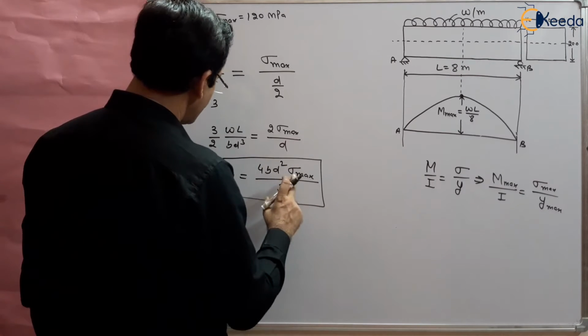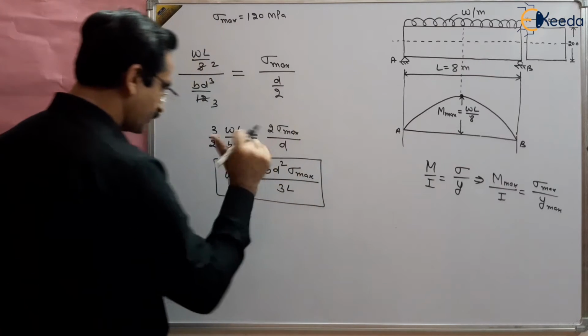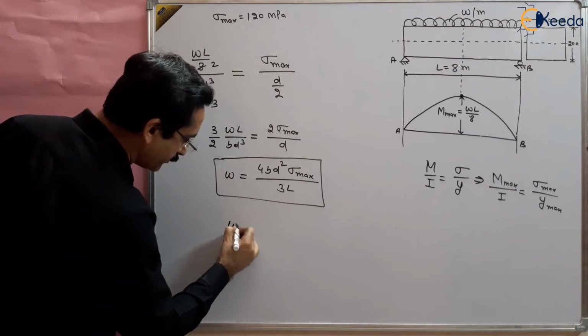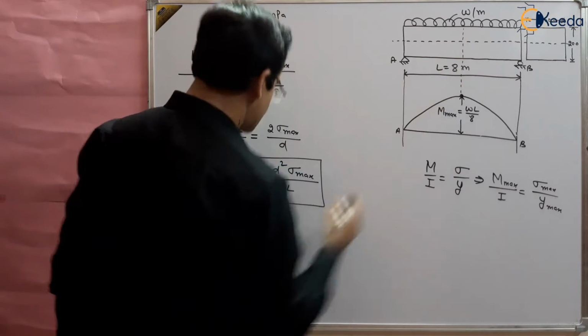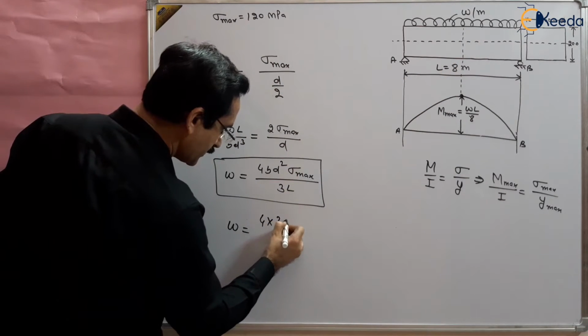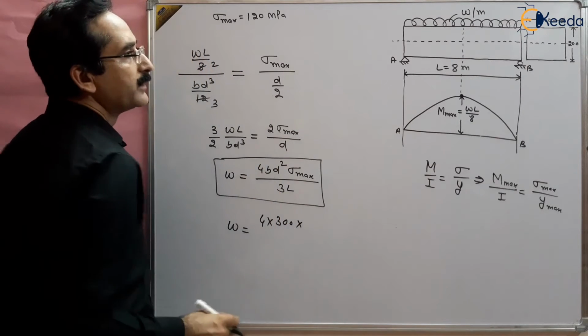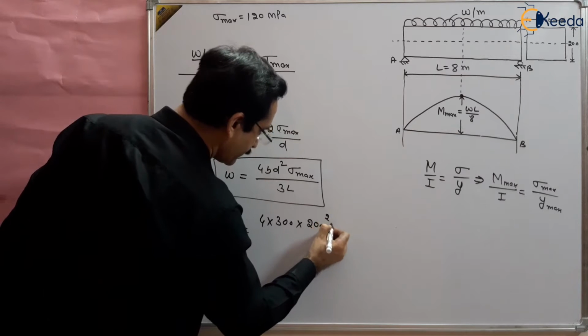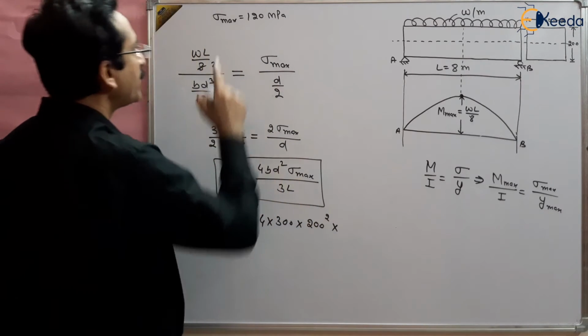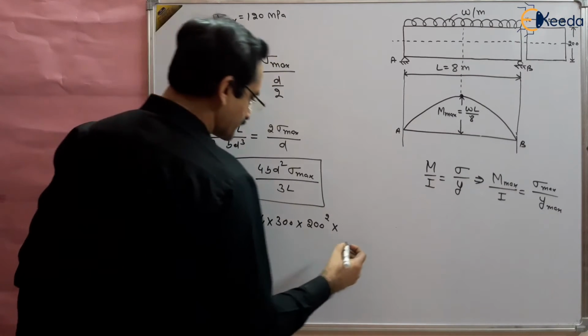Okay, 4 over 3L, that's it, good. So W will be equal to 4, B is given to us, 300, multiplied by D square, D is given to us, 200 square, multiplied by sigma max, given to us, 120 megapascal.